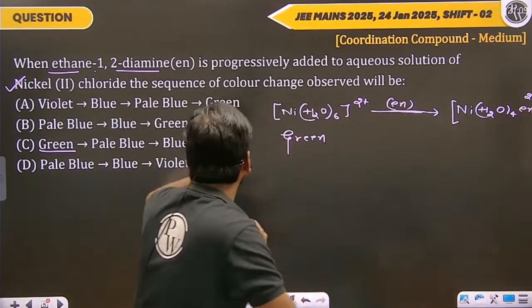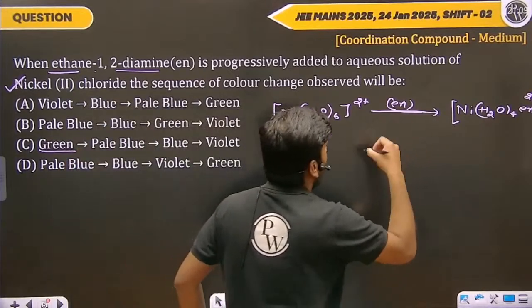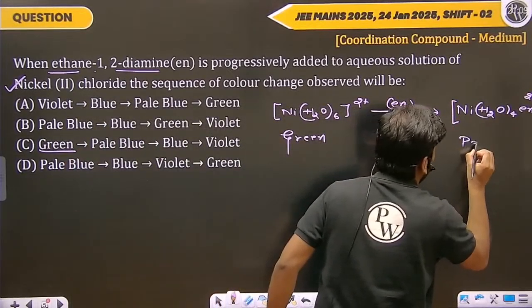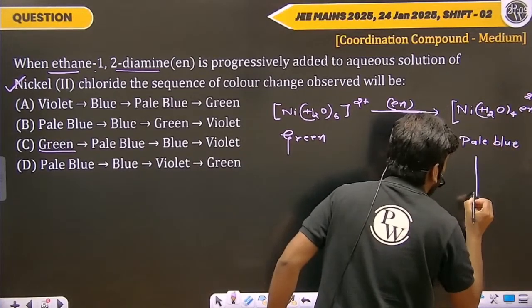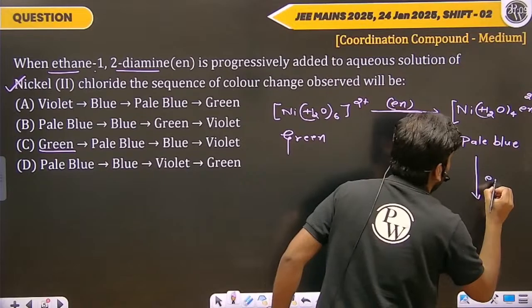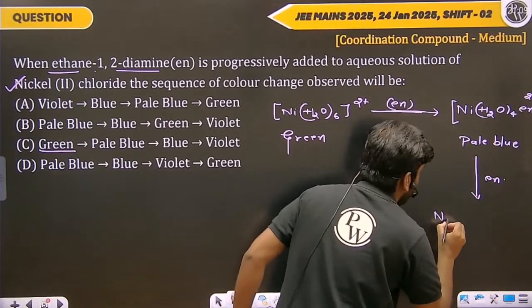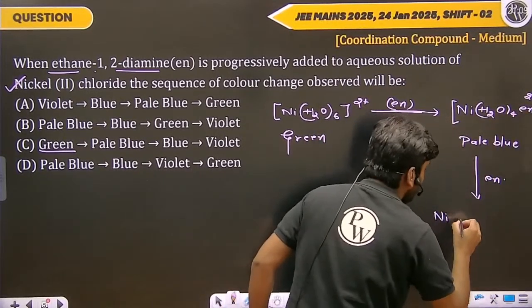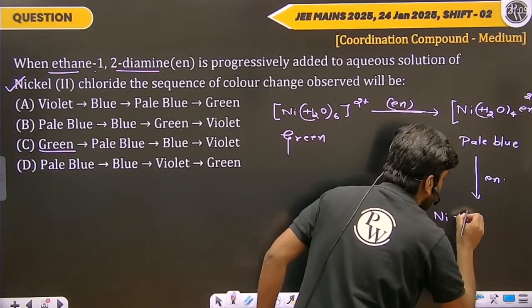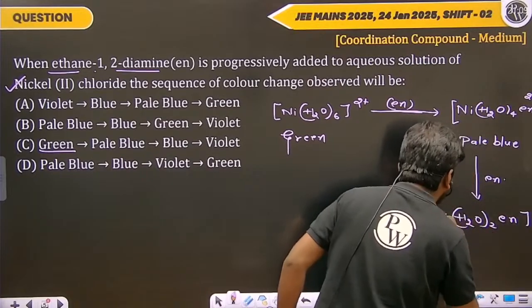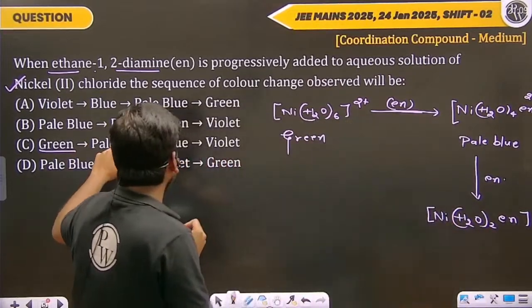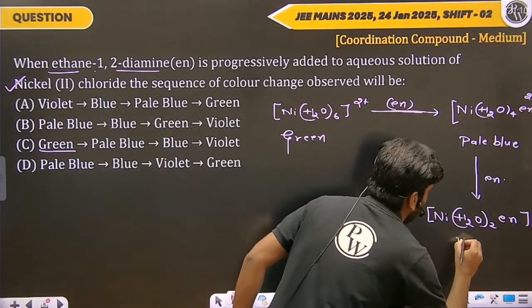Then from the green color, we observe a pale blue color. Then again we progressively add en, and 2 more H2O will be lost. Now it is nickel with H2O 2 and en 2. What would be the color of this compound? Pale blue, then blue. This would be the blue color.